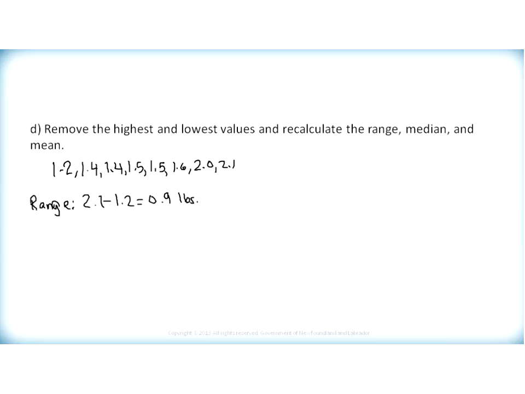The big change there. My median is still going to be 1.5. I've cut off one piece from the lowest end and one piece from the highest end, so my median is not going to change as a result. My mean will change, though, dramatically.